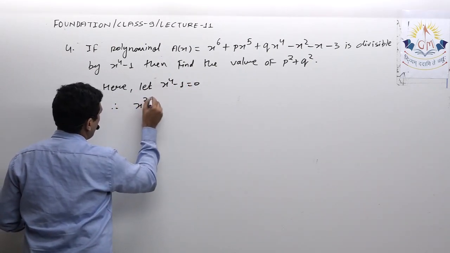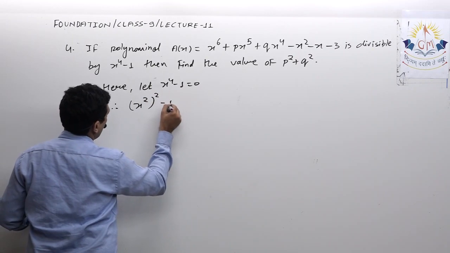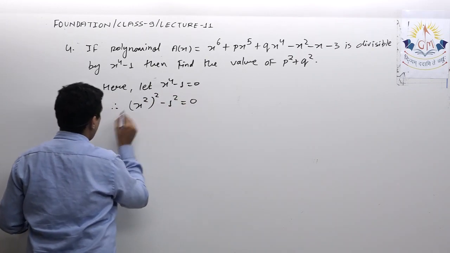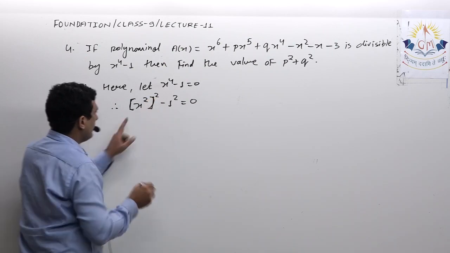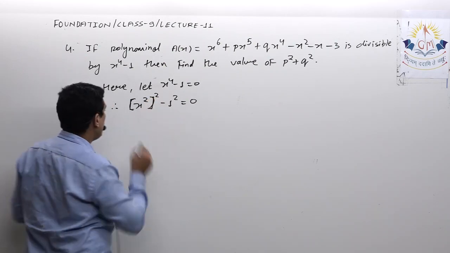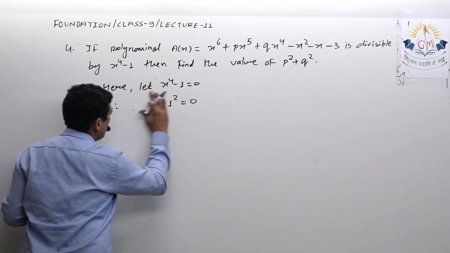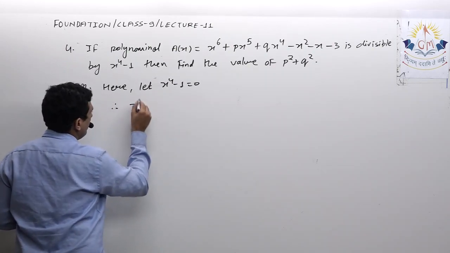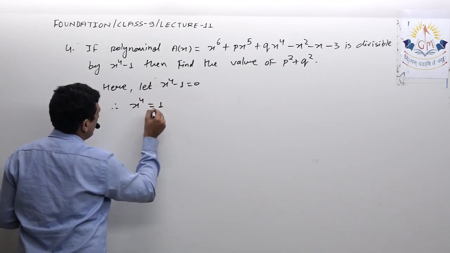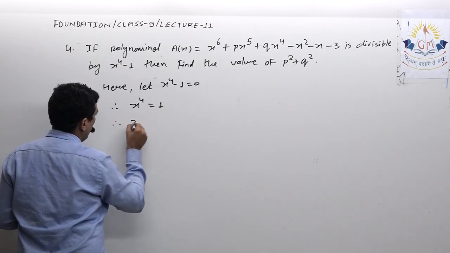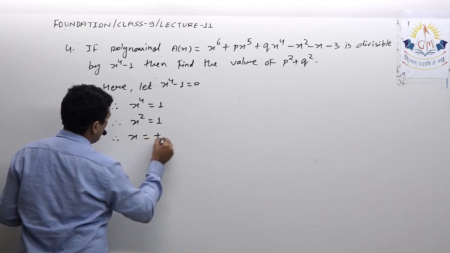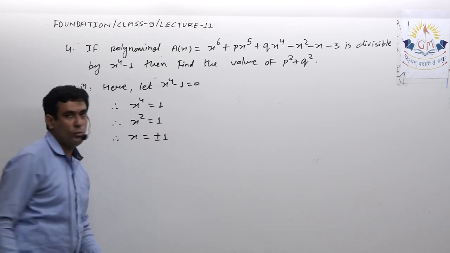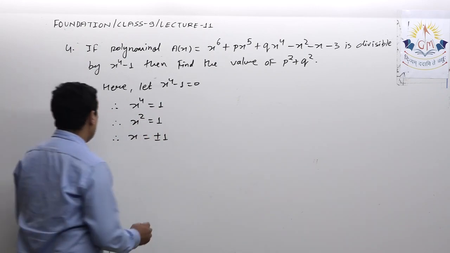Therefore x square whole square minus 1 square is equal to 0. I can write x raised to 4 as x square whole square, but it's better to solve in this way. x raised to 4 is equal to 1. Therefore x square is equal to 1. Therefore x is equal to plus minus 1. There are two possible values of x.